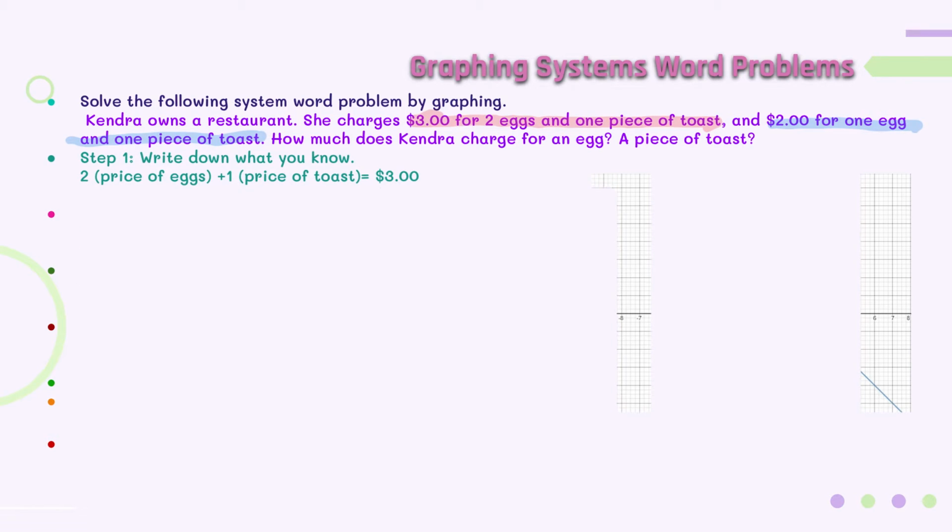We know 2 times the price of the egg plus 1 times the price of the toast is $3. We also know that 1 times the price of the egg plus 1 times the price of the toast is $2.